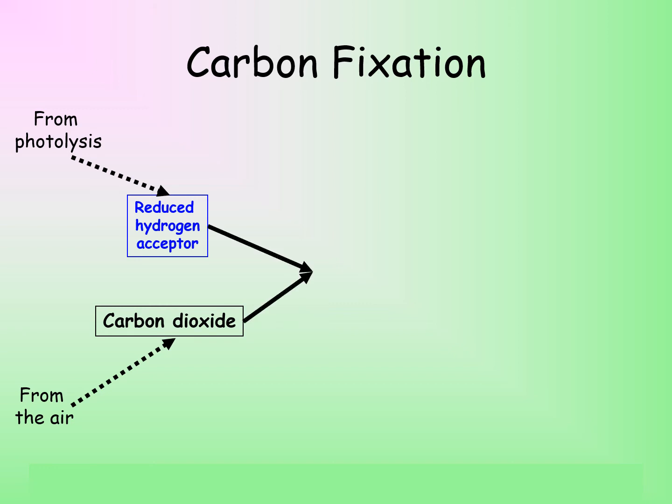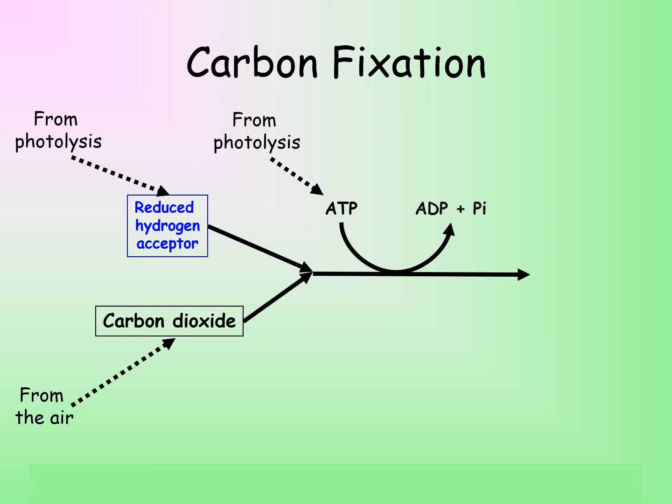When you combine hydrogen and carbon dioxide together with the help of energy from ATP, because you can't combine two molecules together without energy to do it. Think about making a cake. You might have all the ingredients, but you need to actually physically mix them together, and that takes energy. But when you can join carbon dioxide and hydrogen together, you make carbohydrate, which is glucose.